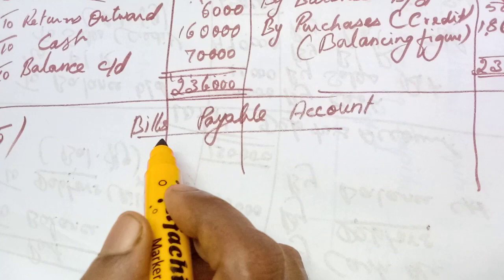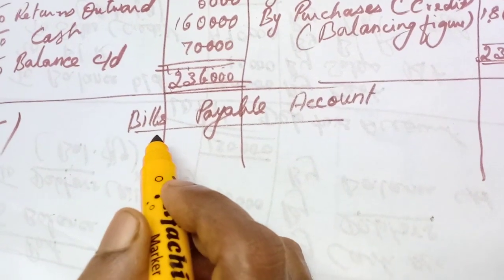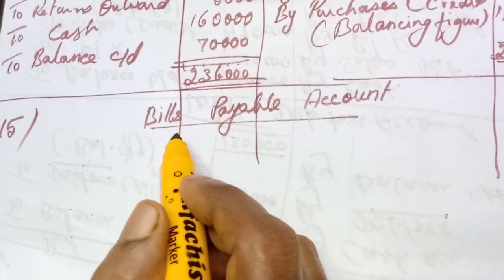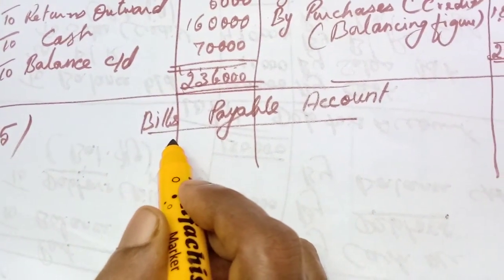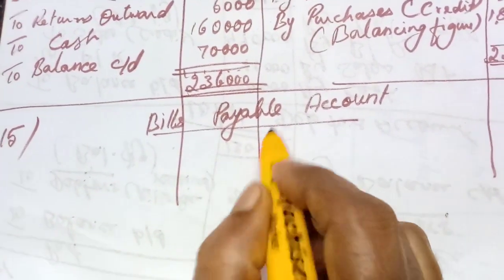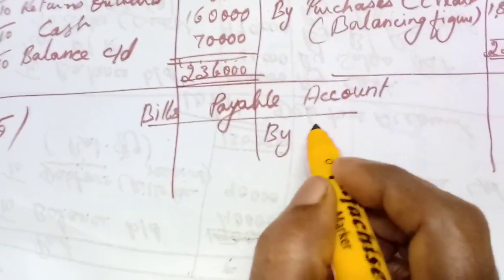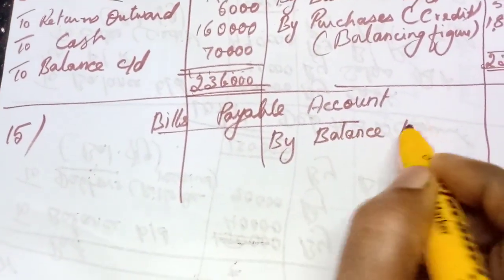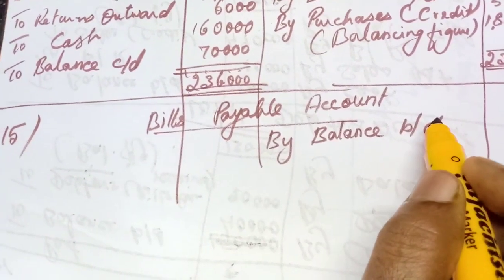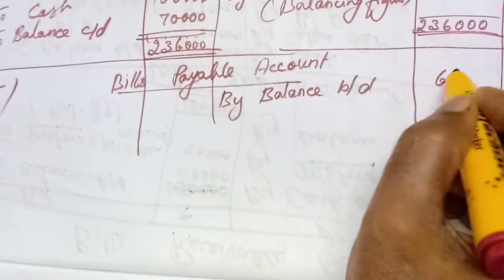So first bills payable account. Now we have to see the particulars from the first one onwards. Sundry creditors is given, that we do not need. Next one, bills payable opening. We write on the credit side by balance brought down. What is the amount? 60,000.